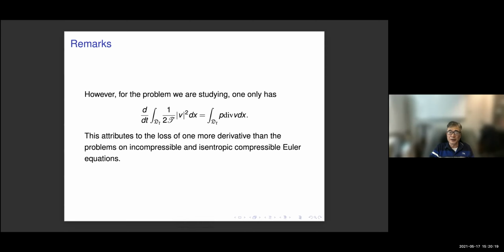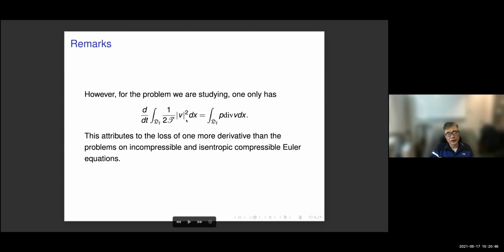Actually for our problem P is a non-local quantity. I'll address this issue later. And for the incompressible case, divergence is 0, therefore this is 0. But for our problem, we just don't have the conservation of energy, and actually we don't have an energy principle. So this is one issue.